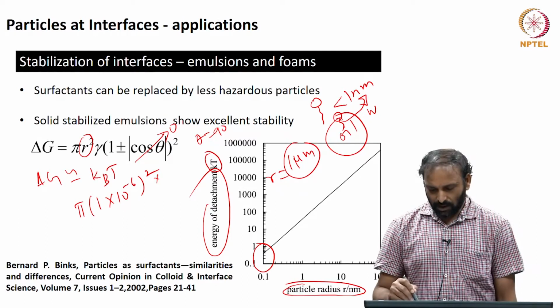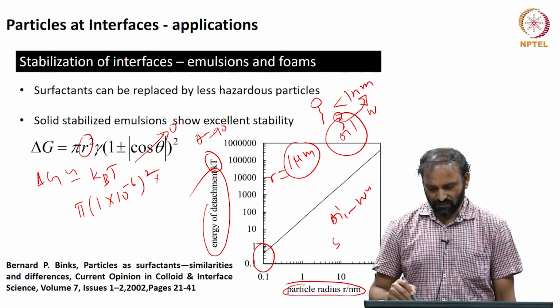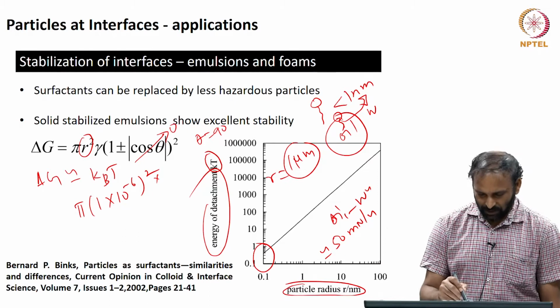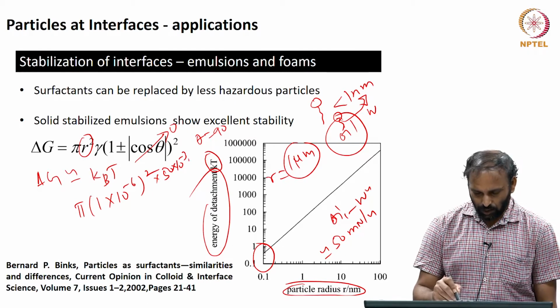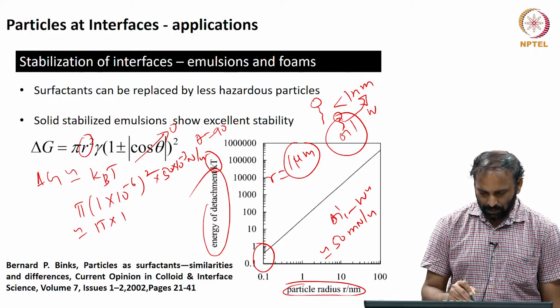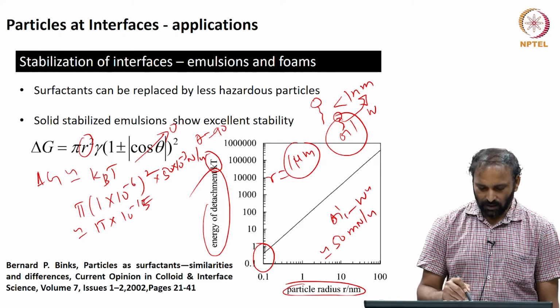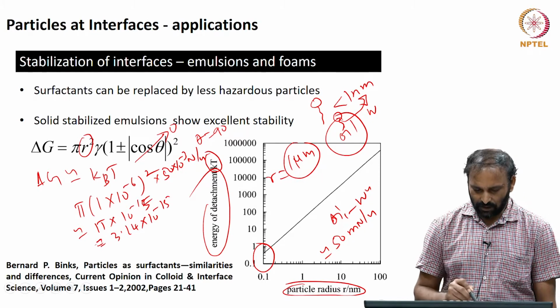Consider an oil water interface with an interfacial tension of, say, 50 millinewtons per meter, so this becomes 50 into 10 power minus 3 Newton per meter. Therefore, we have pi into 10 power minus 12, and minus 3 here, so that is minus 15, approximately 3.14 into 10 power minus 15.